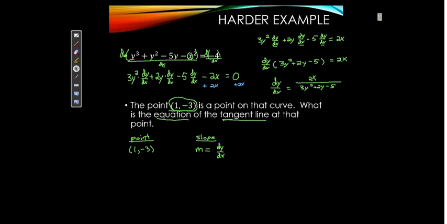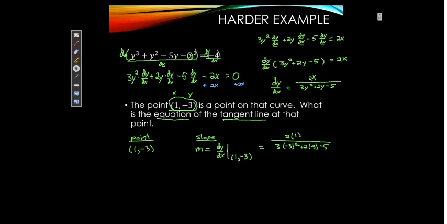And so what we have to do now is we have to take our function dy dx and evaluate it, that's the evaluation sign, at this point, 1 comma negative 3, which simply means we're going to plug in x and we're going to plug in y. So we're going to have 2 times 1, it's nice and easy, all over 3 times y squared plus 2 times y minus 5.